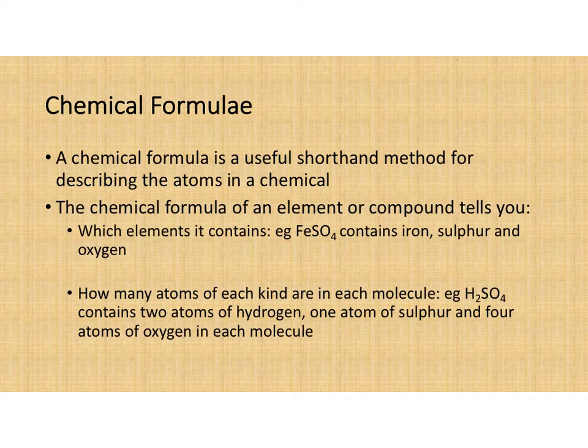The chemical formula of an element or compound tells you what elements it contains and how many atoms are in each molecule. So, for example, in iron sulfate here, we have got one iron atom, one sulfur atom, and four oxygen atoms. And for sulfuric acid here, you can see I've got 2 hydrogens, 1 sulfur, and 4 oxygen atoms in each molecule.